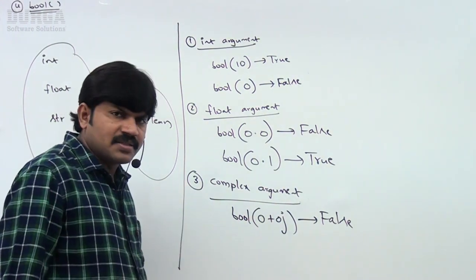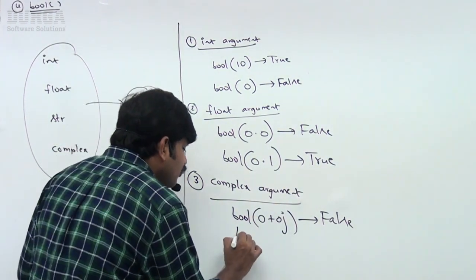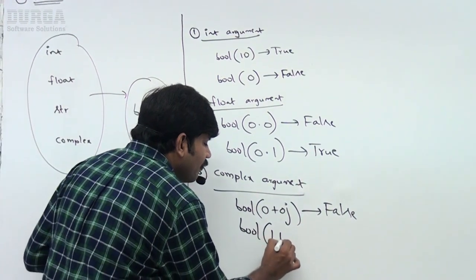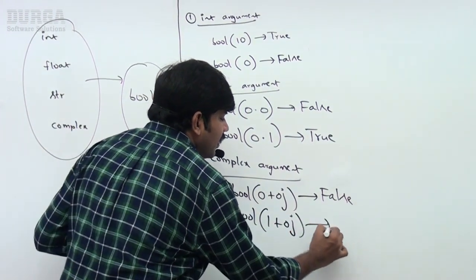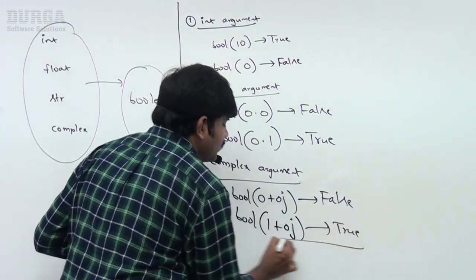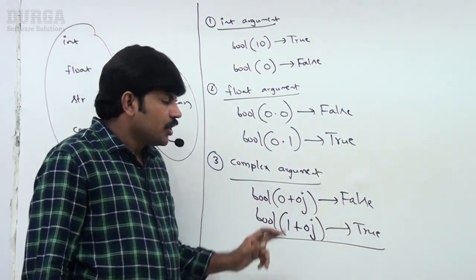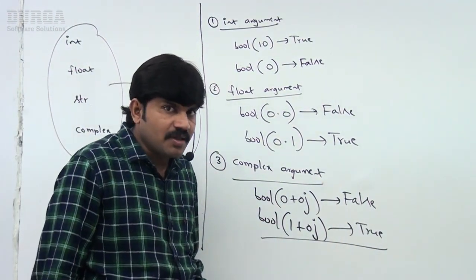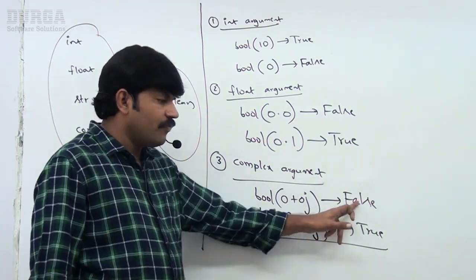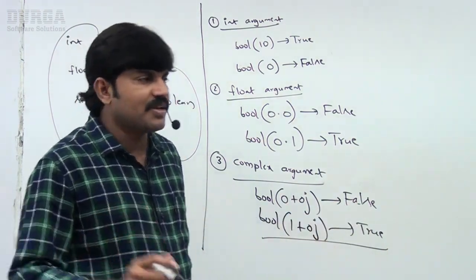Sir, except this, for non-zero, bool of 1 plus 0j, automatically True is the answer we are going to get. If both the real part and imaginary part are 0, then only False, otherwise it is True. Let me cross check, sir.